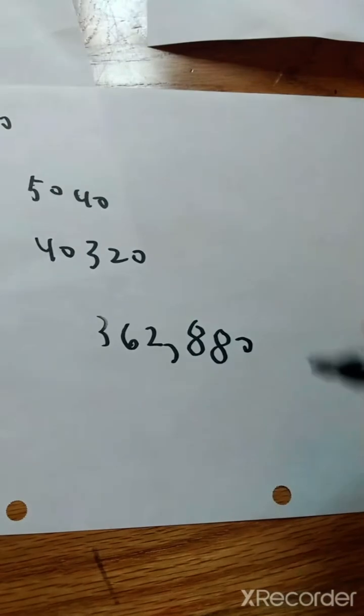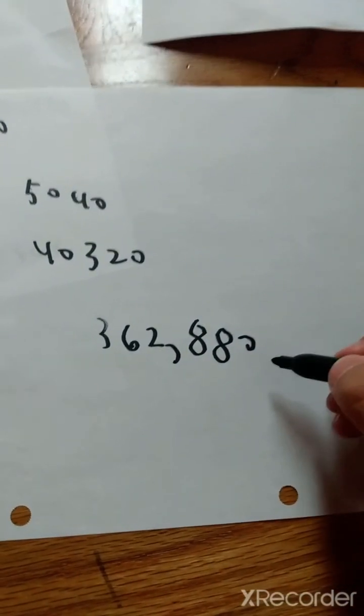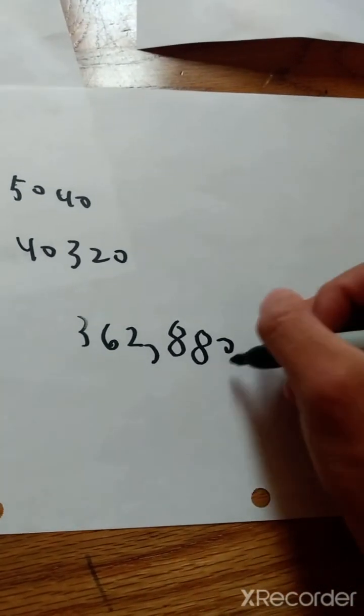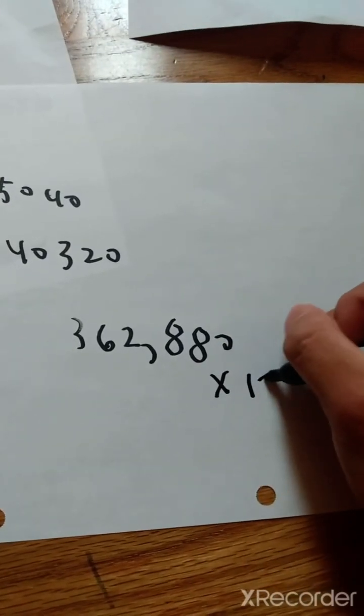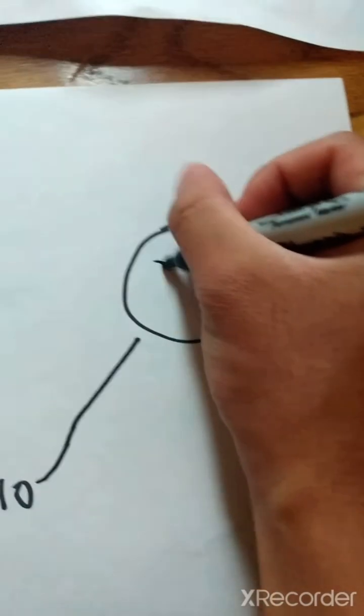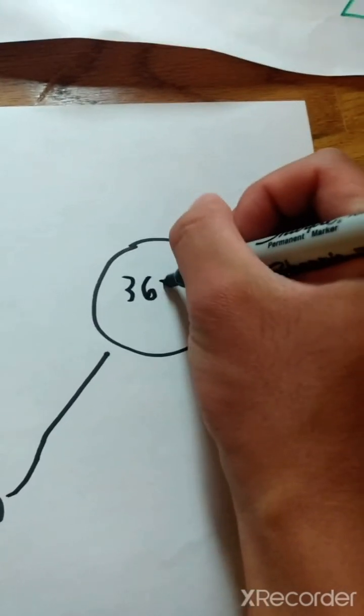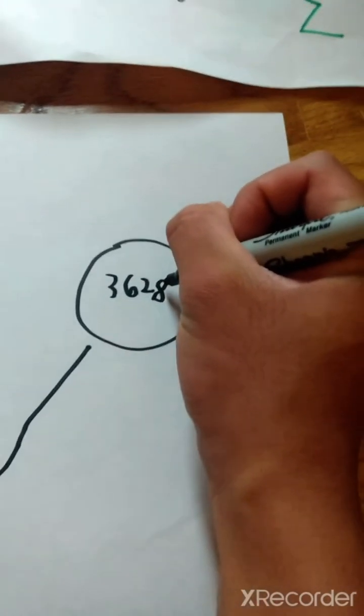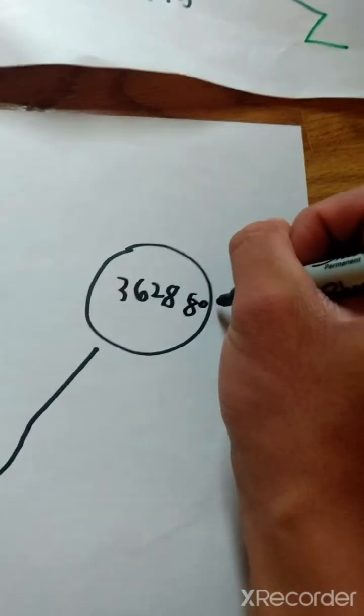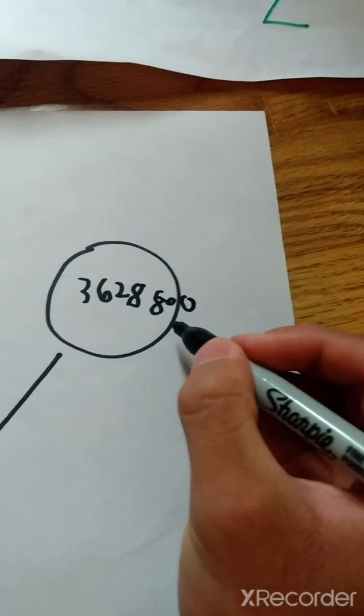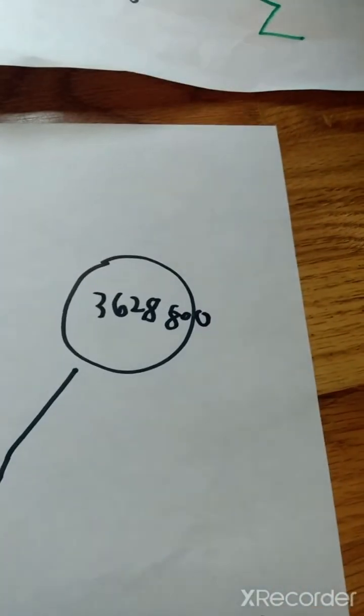So this number, 362,880, multiplied out by our finish line, we get an answer of 3,628,800. And that is our finish line.